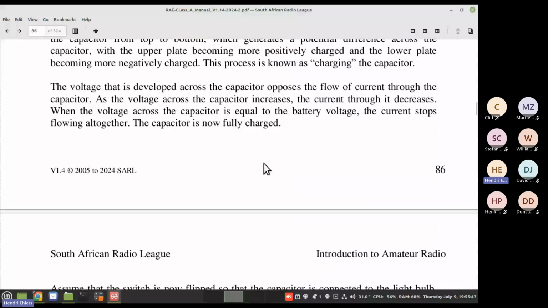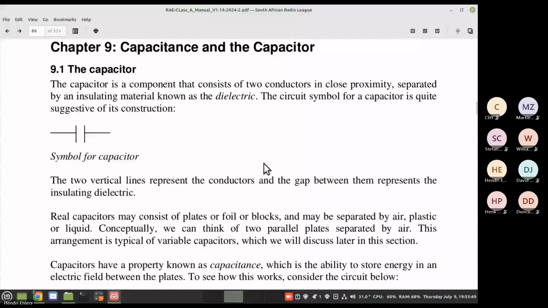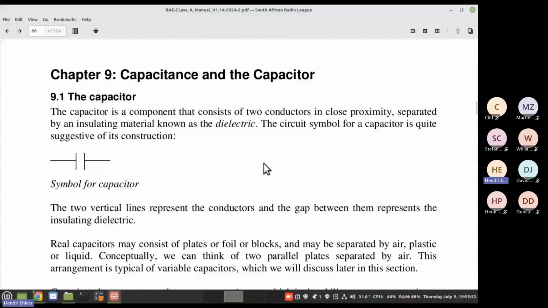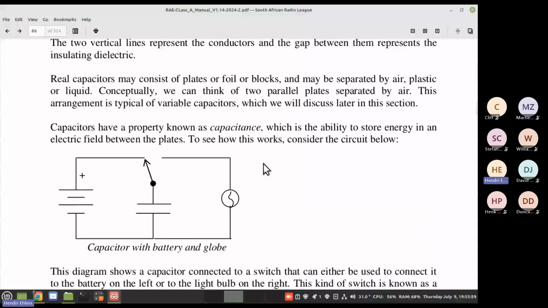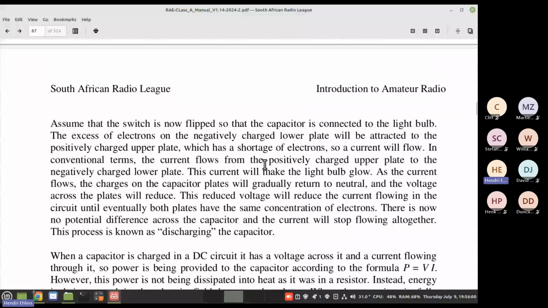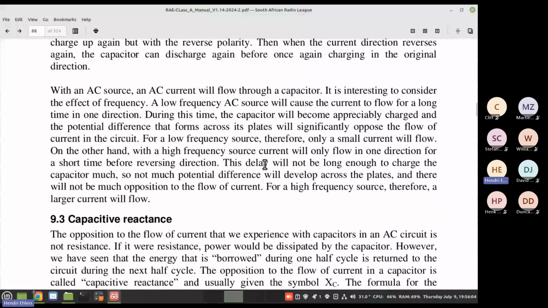And I said I will. So we're going to do capacitors on Tuesday. Sorry, I'm just scrolling through to see what it all entails.